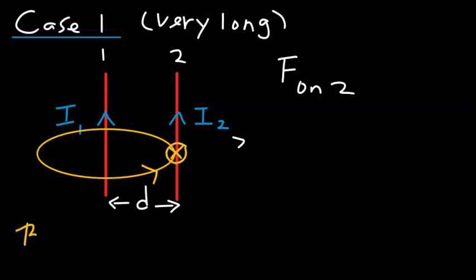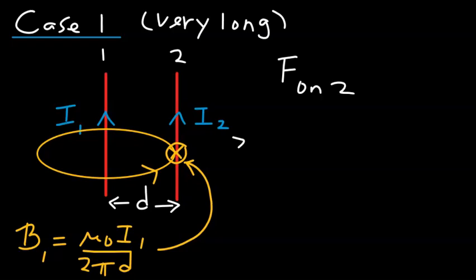So the magnitude of the magnetic field produced by the current I1 flowing in conductor 1 is quite simply mu naught I1 over 2 pi d. So this is the strength of the magnetic field at that location.